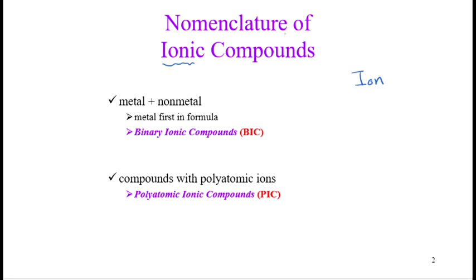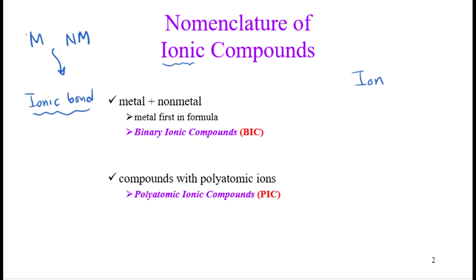Each ionic compound consists of metals and nonmetals. Attraction between this metal and non-metal makes ionic compounds. This attraction, we call that ionic bond. So ionic bond always makes ionic compounds.